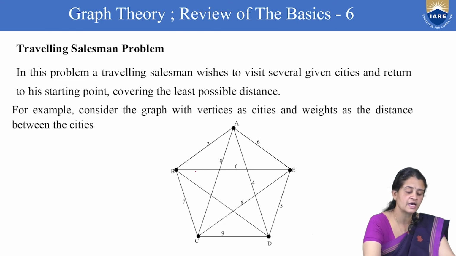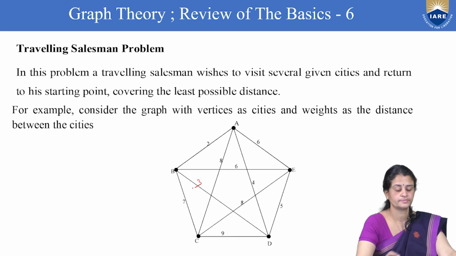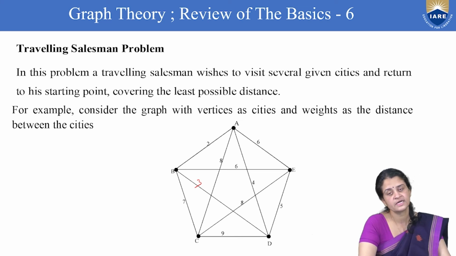Actually, for this edge BD, I forgot to put the weight 3. And this is a weighted graph. One of the problem applications in a weighted graph is the shortest path problem. And here we are asked to reach the starting point itself with less cost.